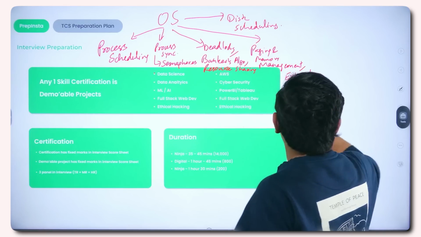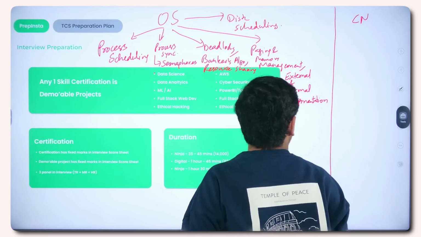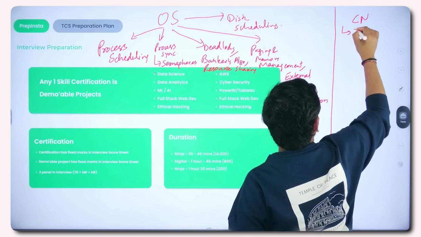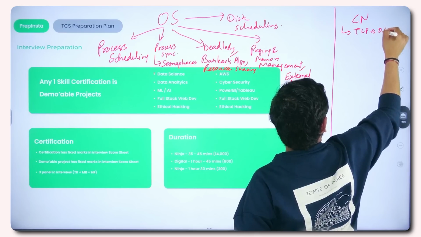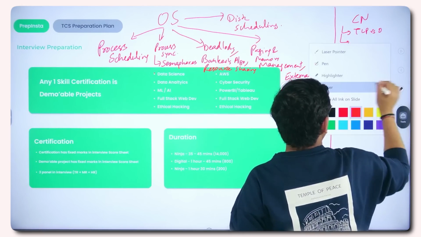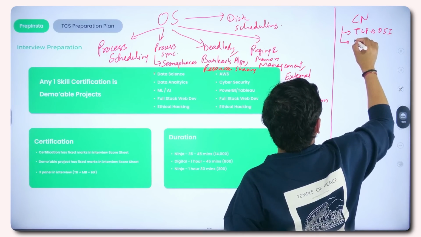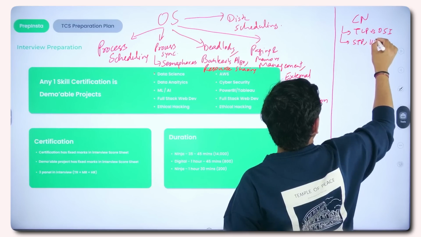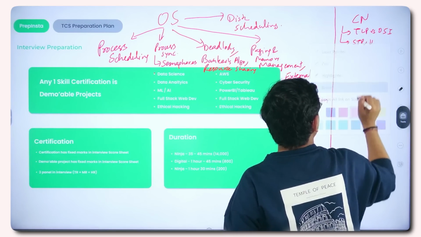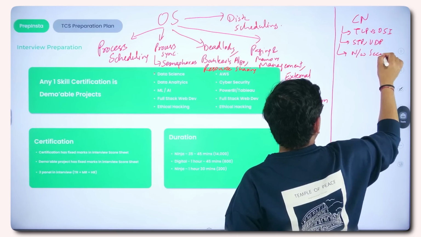After this, you come to computer networks. So I'll create a line for this. When you come to computer networks, first of all, study the TCP versus OSI model, and the TCP and UDP difference. Then you study portions of network security.